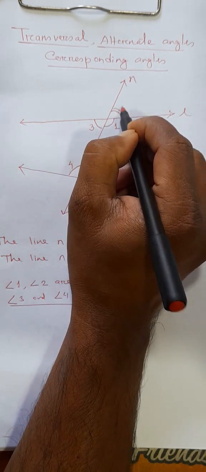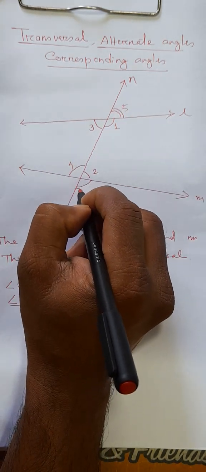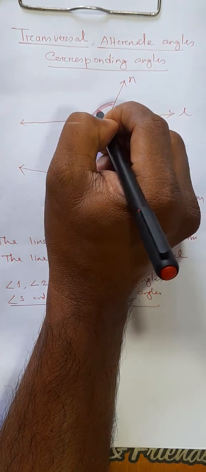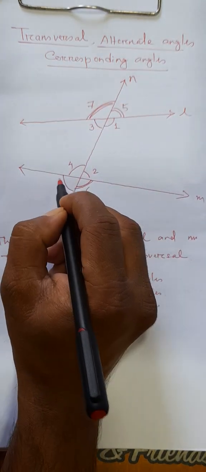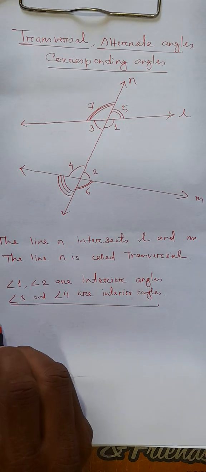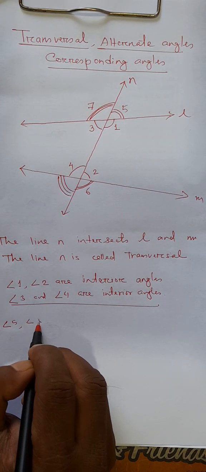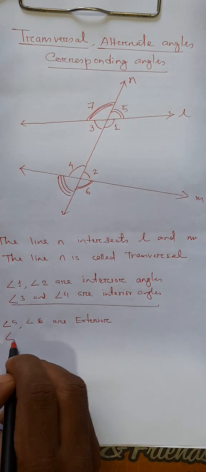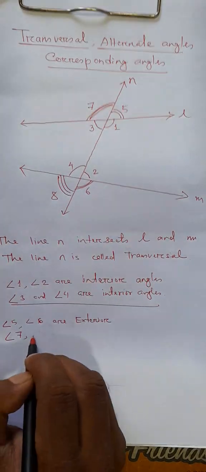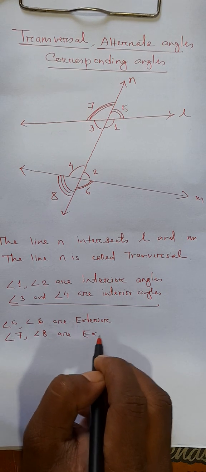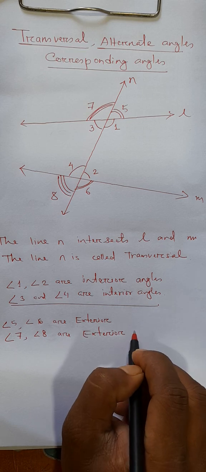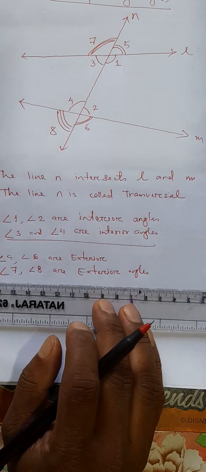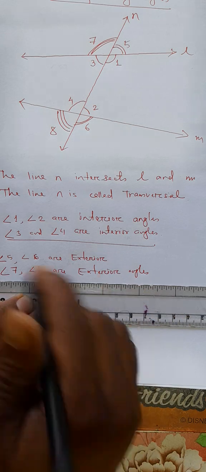Let us denote these 5 and 6, and this 7 and this 8. Angles 5 and 6 are exterior, and angles 7 and 8 are exterior angles. So we understood what interior angles and exterior angles are.